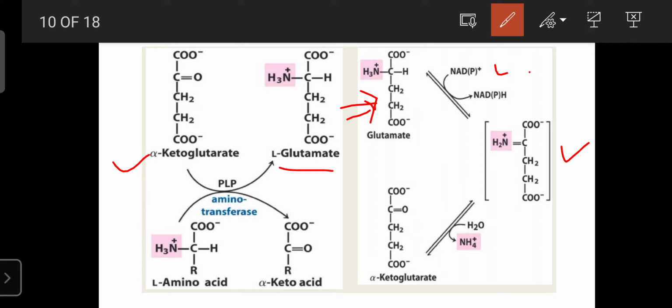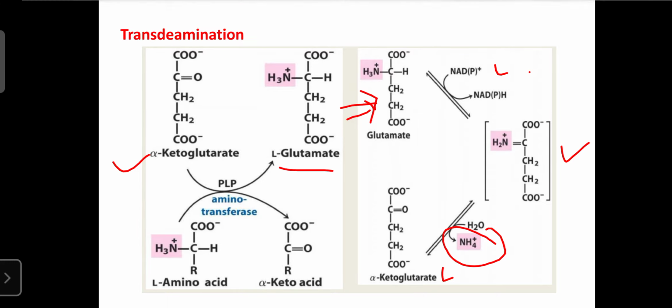Then it is involved in the formation of ammonia, and alpha ketoglutarate is formed again. So these both reactions occur simultaneously, and that's why these are known as transdeamination, where transamination and deamination occur simultaneously. In transamination by aminotransferase, the end product is glutamate, and that glutamate enters deamination, forming ammonia in the presence of GDH, the glutamate dehydrogenase, with the cofactor NAD or NADP.